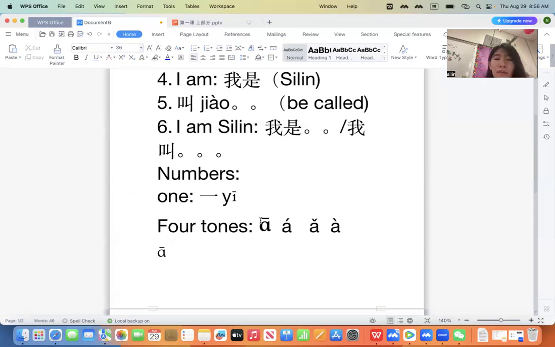You see the short line above the letter A? That's our 4 tones. So in Chinese, we have different tones.